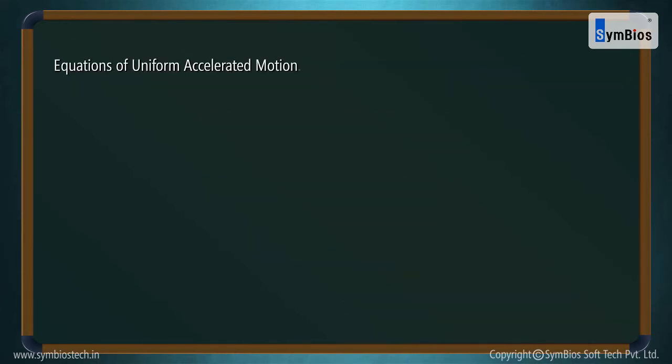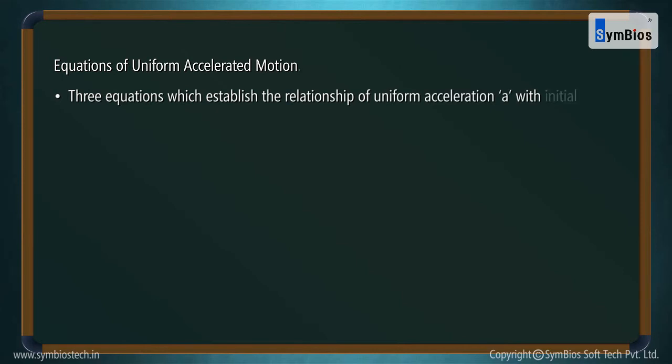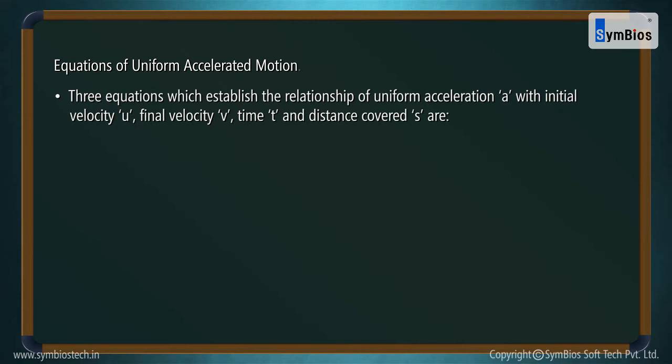Equations of uniformly accelerated motion. Three equations which establish the relationship of uniform acceleration a with initial velocity u, final velocity v, time t and distance covered s are: Equation 1, v is equal to u plus at.